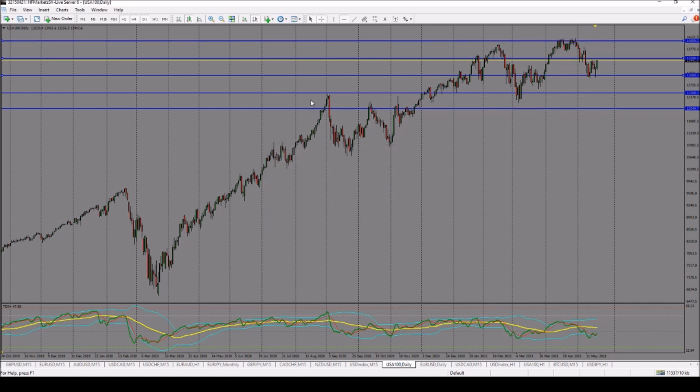After doing this, we can see that we now have four quarters. And the theory states that price reversals are imminent at each quarter level.